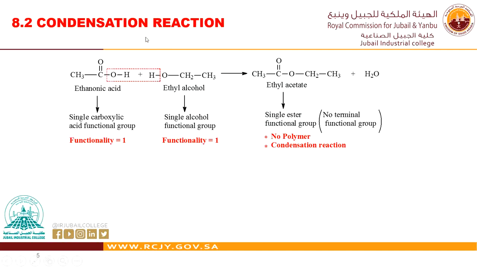Water. That is why it is called a condensation reaction. If you remove this OH with the hydrogen here, then the remaining unit here will combine with this to give what? Ethyl acetate.